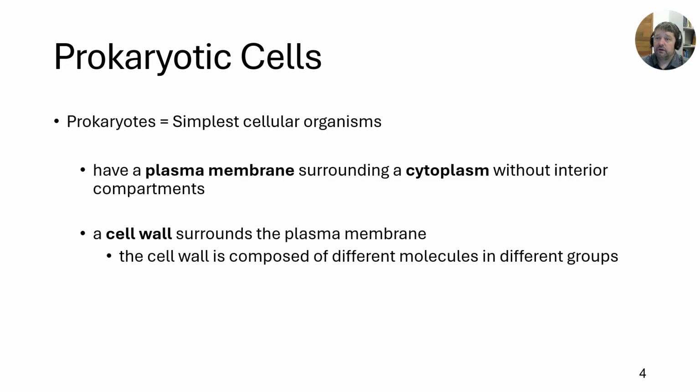Now, outside that plasma membrane, prokaryotes have a cell wall. It is different than the cell wall we're going to talk about with plants, but nonetheless, they have a cell wall. The cell wall is a protective layer, and it protects that plasma membrane.